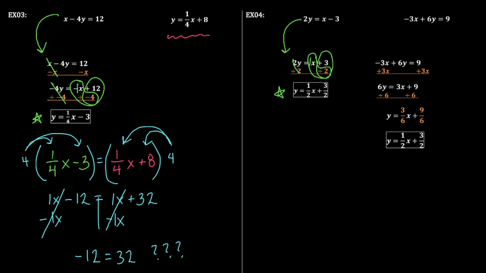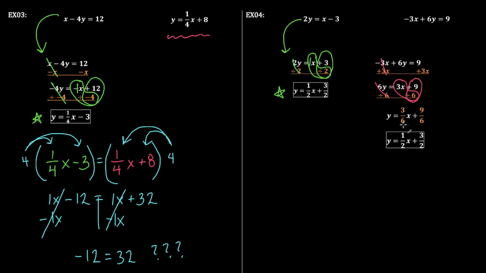Over here, this was in standard-ish form, so I added 3x to both sides: plus 3x, plus 3x. 6y equals 3x plus 9. And I divided by 6. Positive over positive is positive, positive over positive is positive.